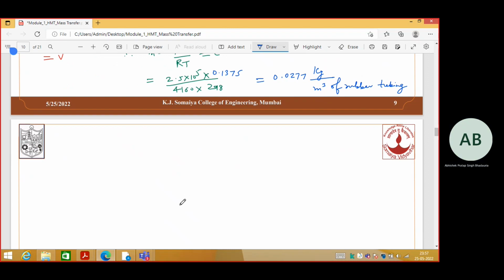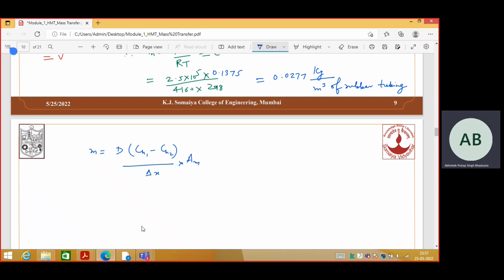Now the diffusion flux, we know the formula for the diffusion flux. It is equal to M is equal to D (CH1 minus CH2) divided by delta X into Am. Let's calculate this term one by one.